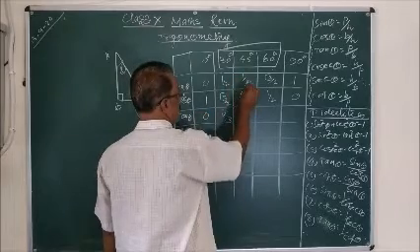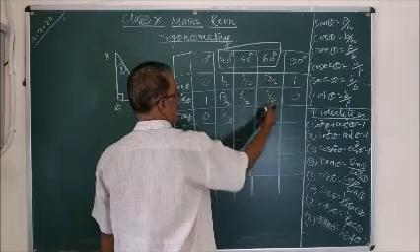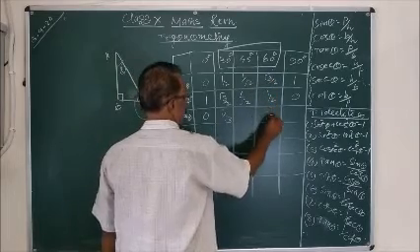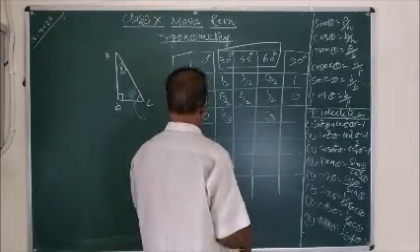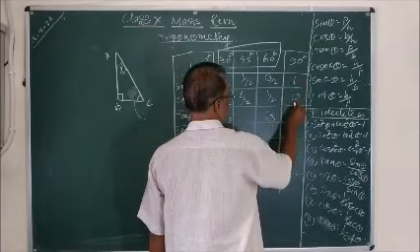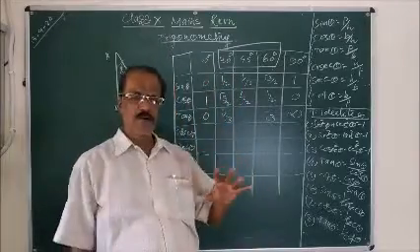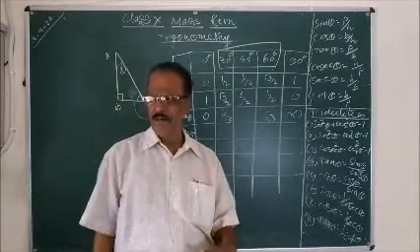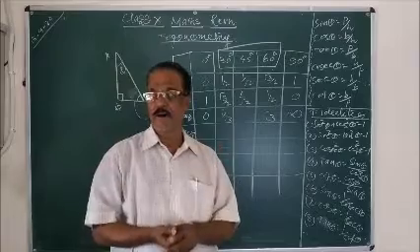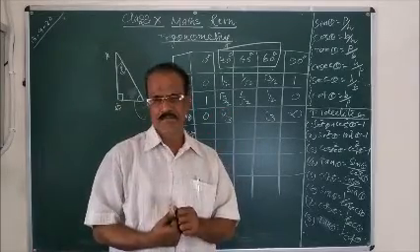Tan 45, this by this means 1. Tan 60, this by this, root 3. And tan 90, sine by cos, 1 by 0, you know very well that is infinite. No value can be found.